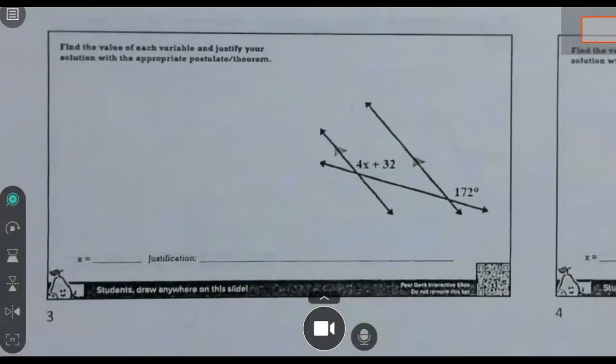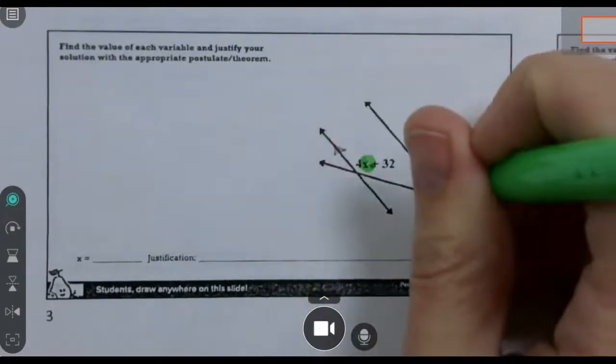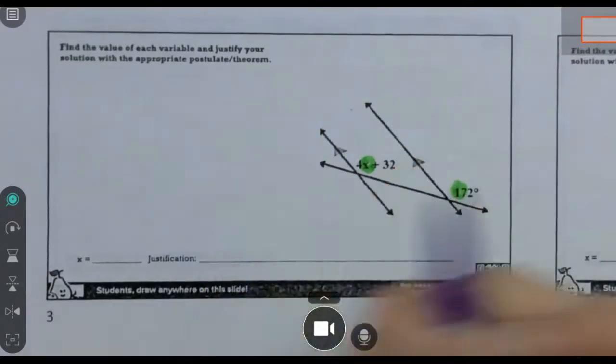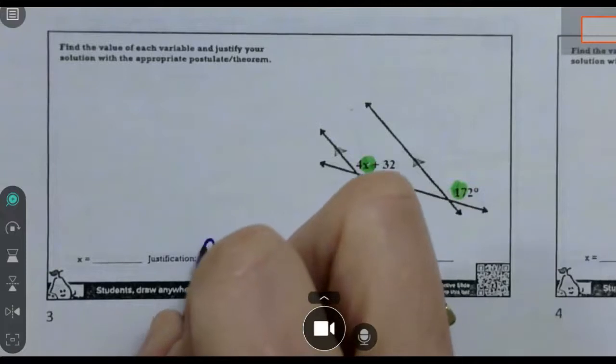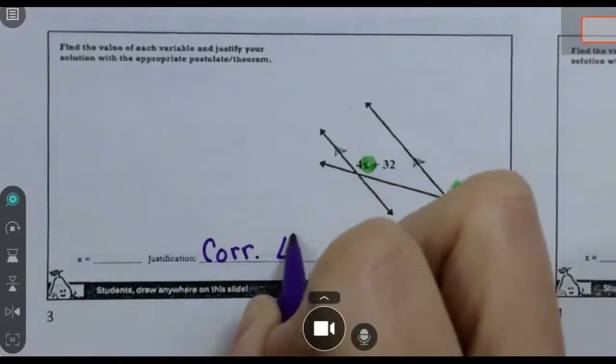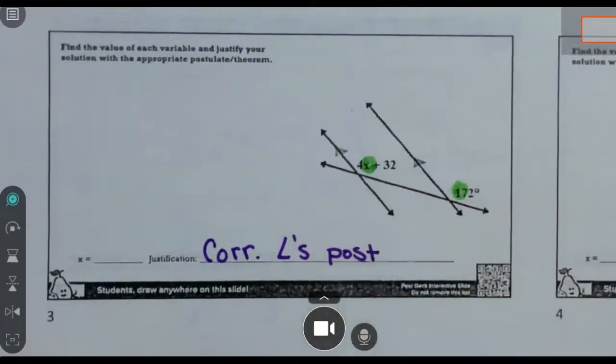So these two are located in the same spot along my parallel lines. So these guys, just like the last one we did, are corresponding. So I'm going to use the corresponding angles postulate to set these equal. The postulate tells me that I can indeed set them equal.